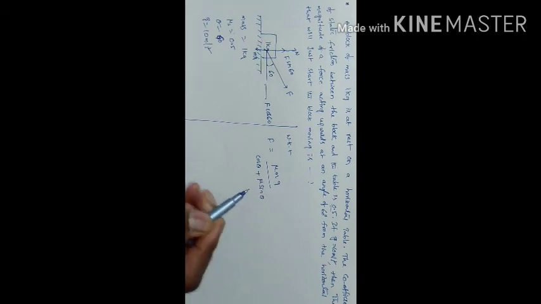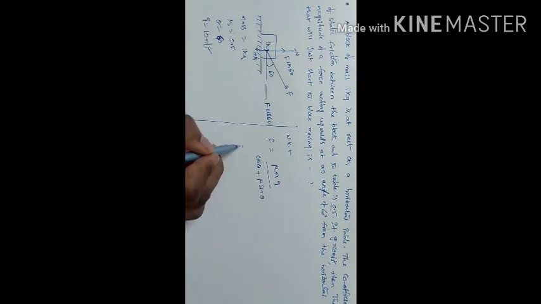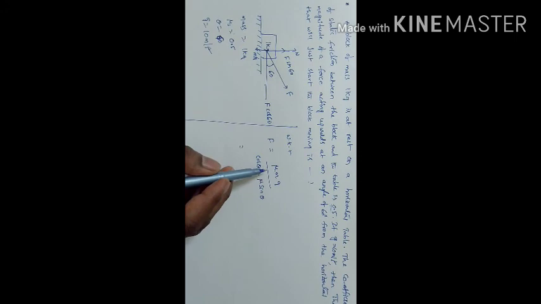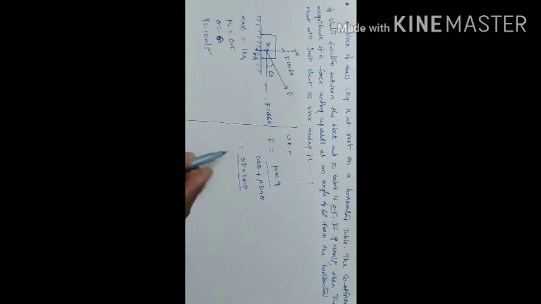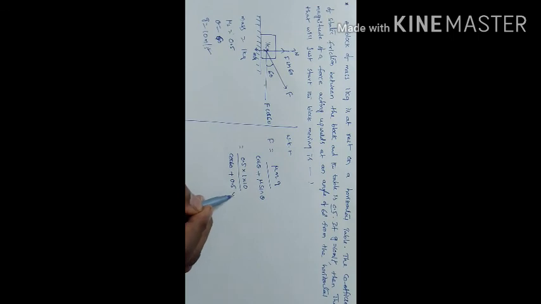Okay, now observe here. What is the mu value? Mu value they gave 0.5, and what is the mass here? 1 kg into g is 10, divided by cos 60 plus mu, which is 0.5 into sin 60.